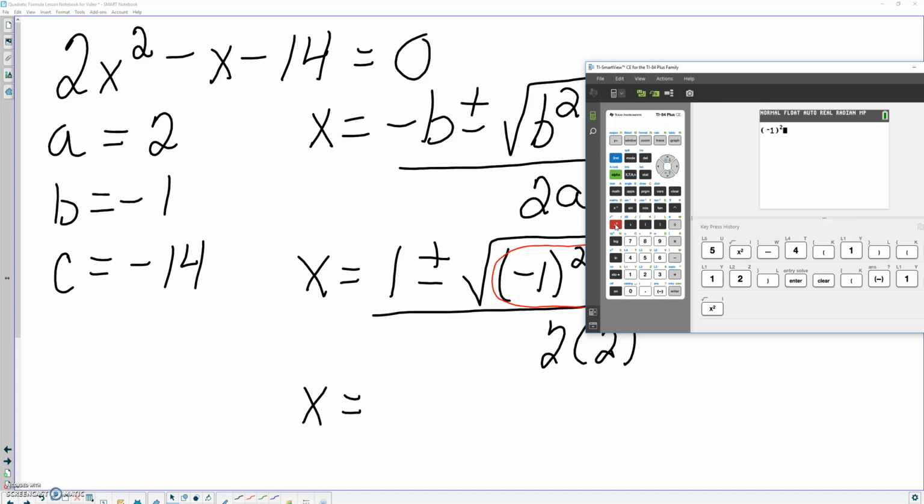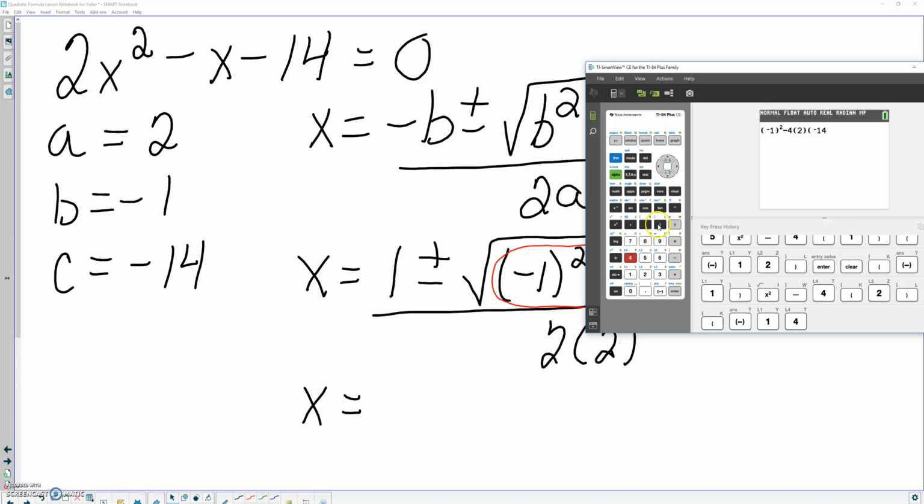All right, make sure in your calculator you're using parentheses, minus 4 times 2 times negative 14. Okay, so that entire expression underneath the radical is 113.